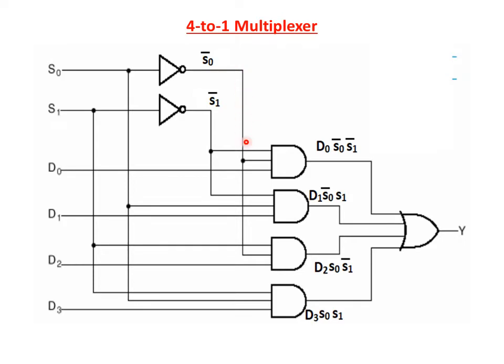So the output expression at this AND gate is D0, S0, S1 bar. The second AND gate is D1, S0 bar, S1, and here D2, S0, S1 bar, and this fourth AND gate is D3, S0, S1. Now we are adding all these combinations by using one 4 input OR gate. So this is the logic diagram representation of the 4 to 1 multiplexer.